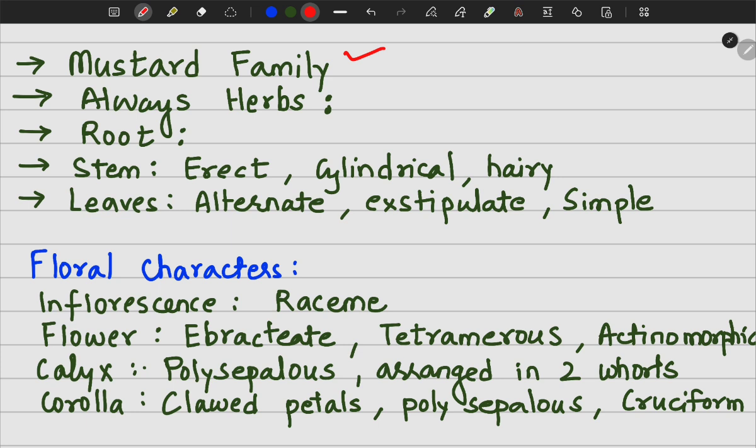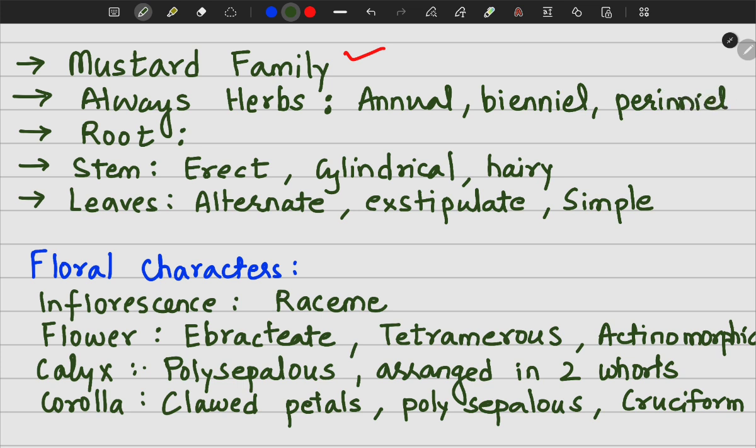They could be annual, biennial, or perennial. That means living for 1 year, 2 years, or more than 2 years respectively.